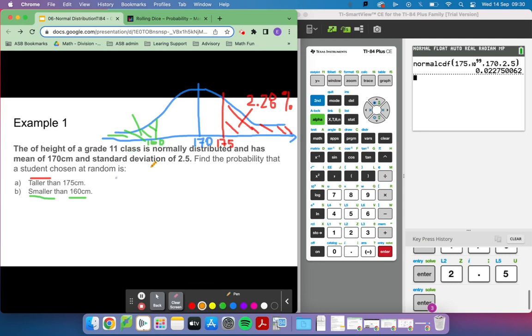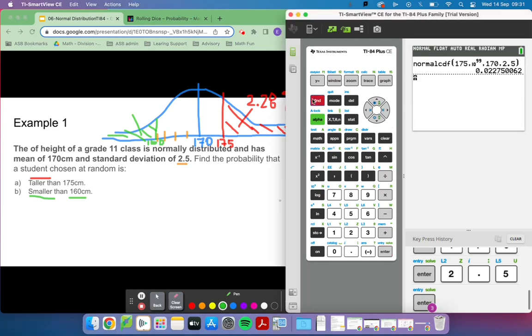Why? Because my standard deviation is 2.5. So 2.5 away from the mean, another 2.5 away from the mean. This brings me to 165. So I'm technically 4 standard deviations away from the mean. That's huge. So I'm expecting to have a very, very small number in here. Let's see if that's the case.